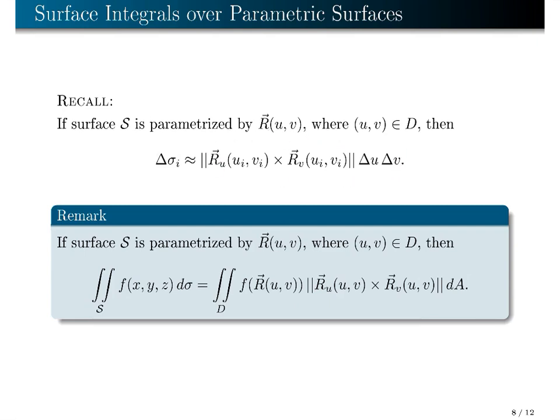Furthermore, since this double integral will be written as an iterated integral in terms of the parameters u and v, we need to express f(x,y,z) in terms of the parameters u and v. We illustrate this in the next example.